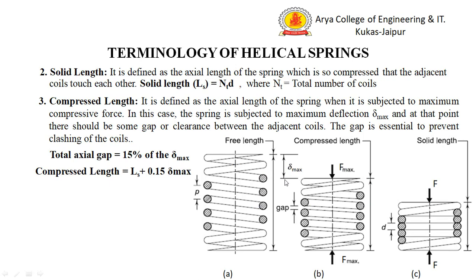There are three important parameters in spring design, that are solid length, compressed length and free length. First is the solid length.